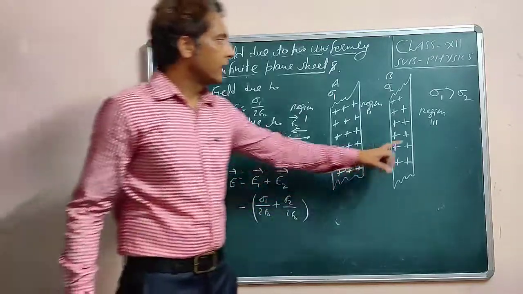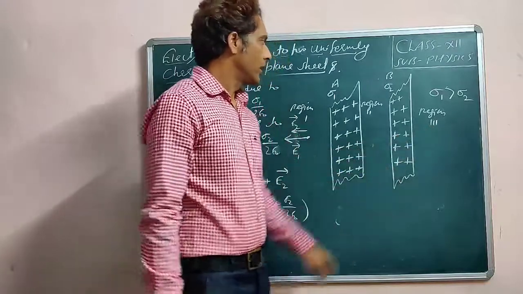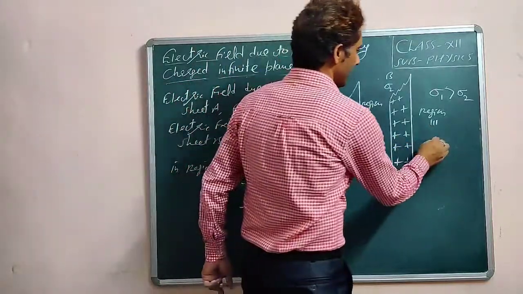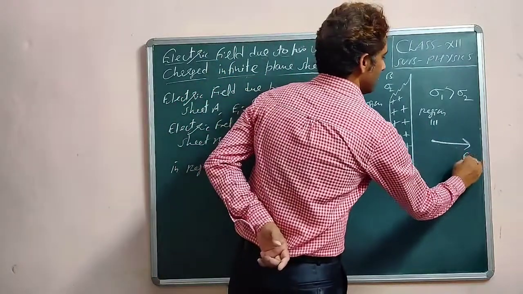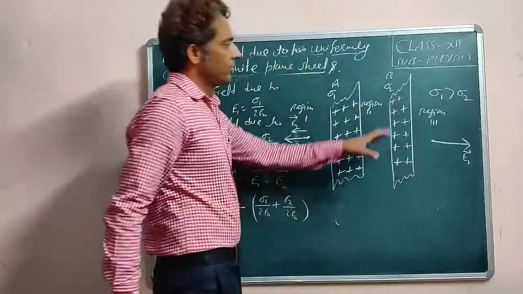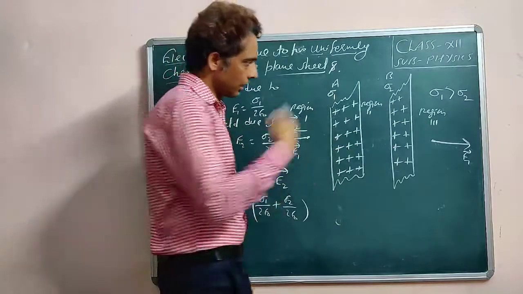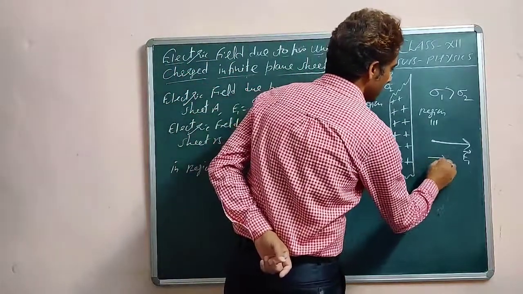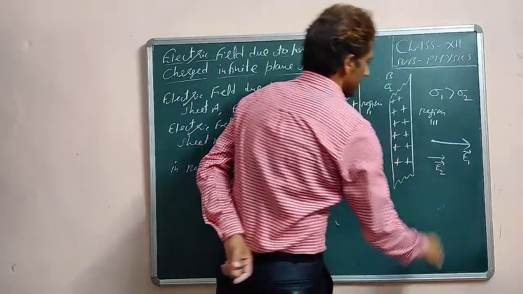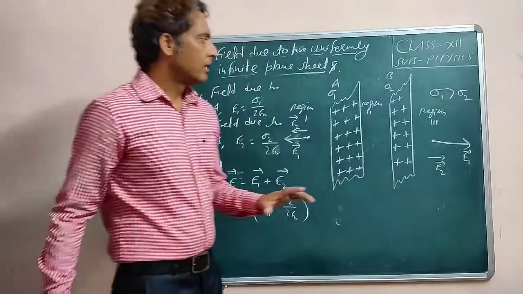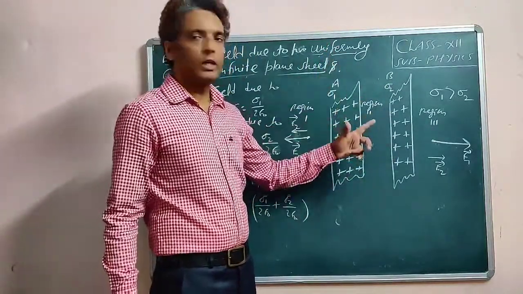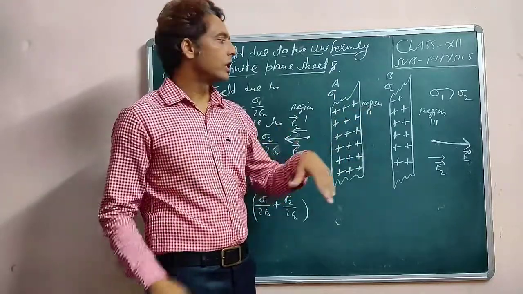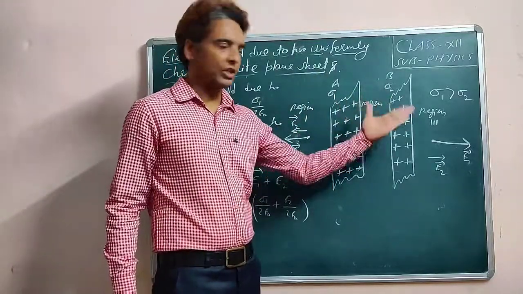Similarly, if we see the region 3, the electric field due to this sheet will be toward right. Electric field due to this sheet will also be toward right. As we have discussed that the electric field intensity due to infinite plane sheet does not depend upon the distance of the point from the sheets.